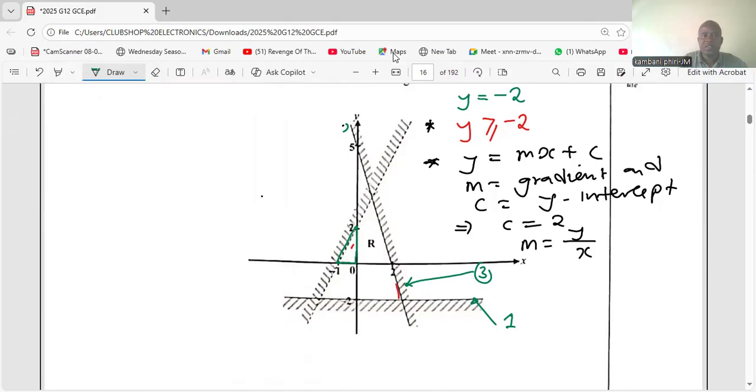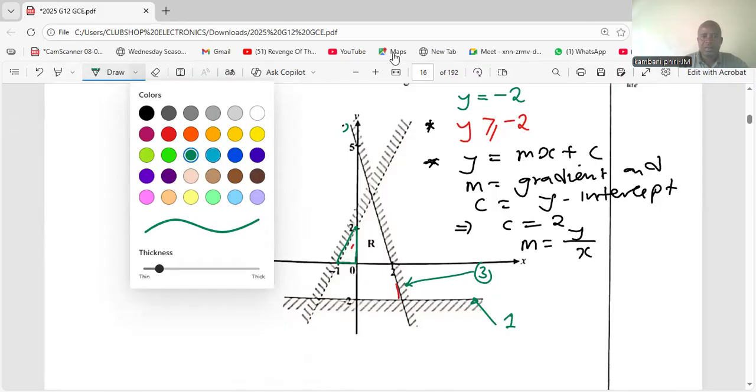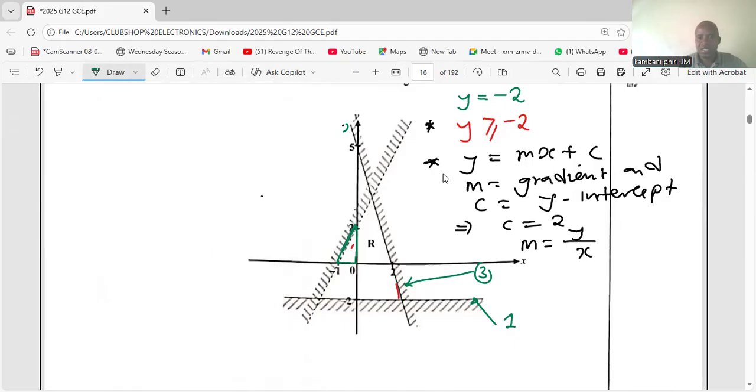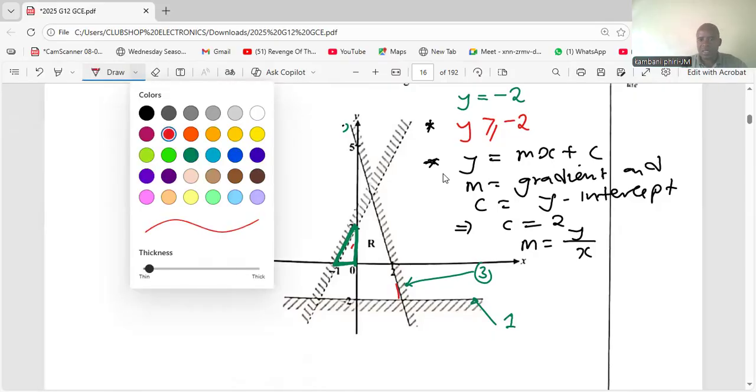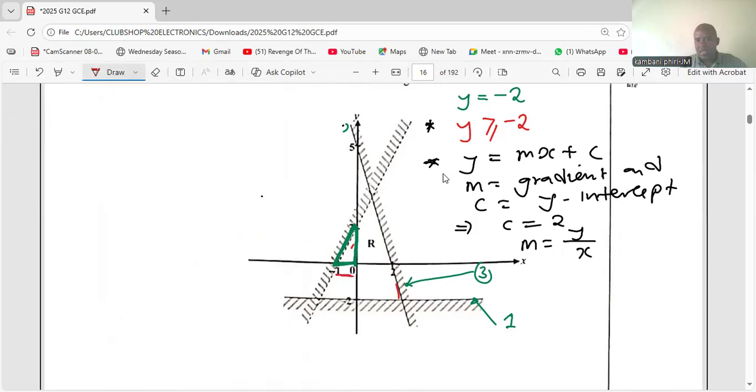I hope you're able to see it. So there's that triangle that we've created. We need to identify the length here for x, that is 1, and the length here for y, that is 2. So here we are going to have 2 divided by 1. That is our gradient, basically.